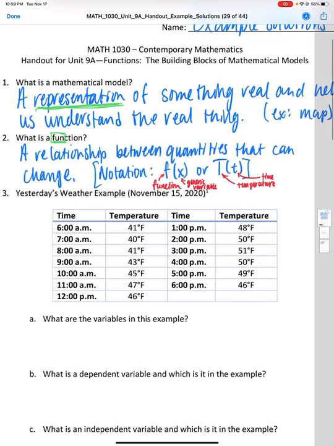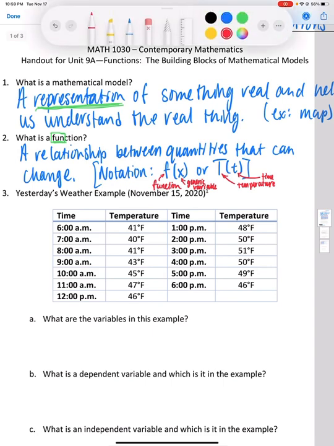Let's take a look at an example function. We can take a look at this relationship from yesterday's weather. In this case, yesterday was November 15th, 2020. We have our time. Time is 6 a.m., 7 a.m., all the way into 12. Here's the next column of time, 1, 2, 3, 4, 5, 6.